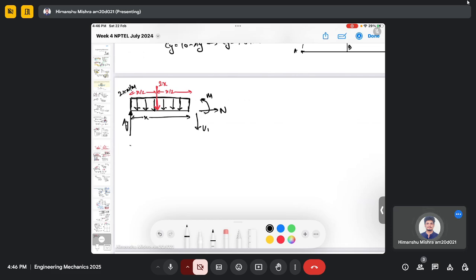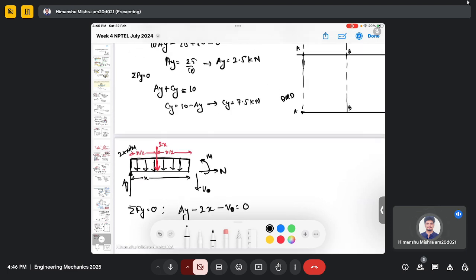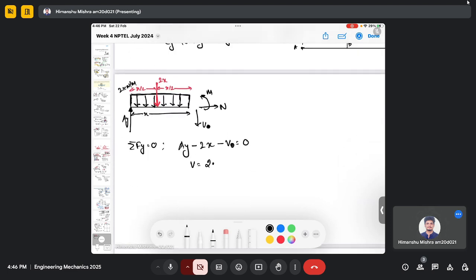So if I do the force balance analysis in the vertical direction, I will have AY minus 2x minus V equal to 0. So my V will be AY, which is 2.5, minus 2x.